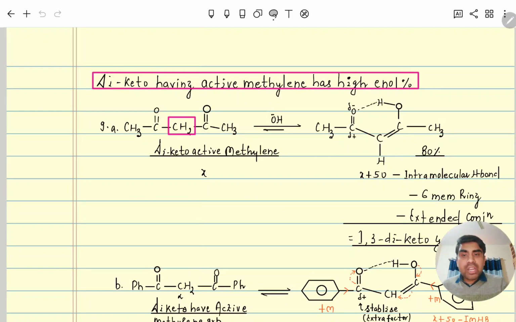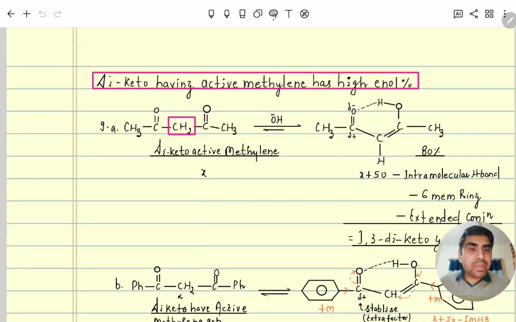So let's suppose again its energy is X. Once we do enol formation, it becomes X plus 50, but due to that enol formation, this hydrogen now does hydrogen bonding with this. Due to that intramolecular hydrogen bonding, some energy will be released, as bond formation is happening. Similarly, chelation is also happening, six-membered, so it becomes more stable, and some energy is released.